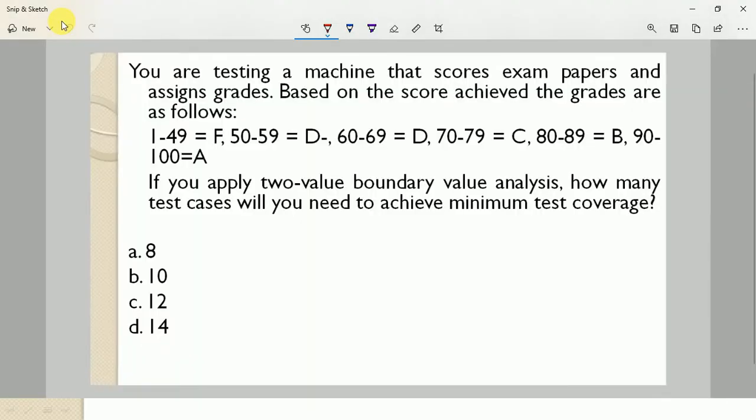So what we have, direct boundaries are given. Let me just call 1 to 49. If this is a score, then that student will get F as output. Okay, fine.